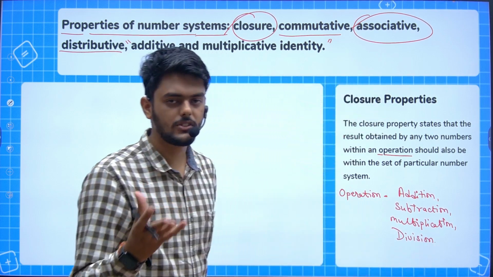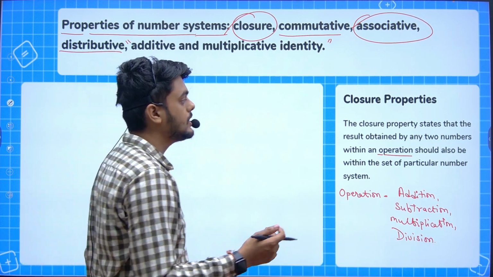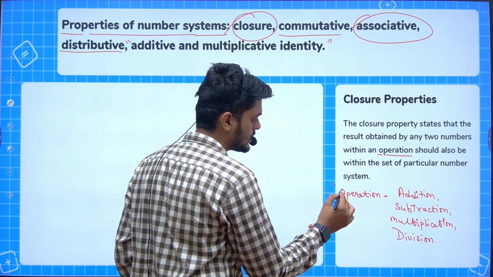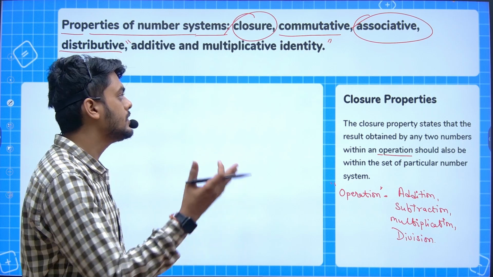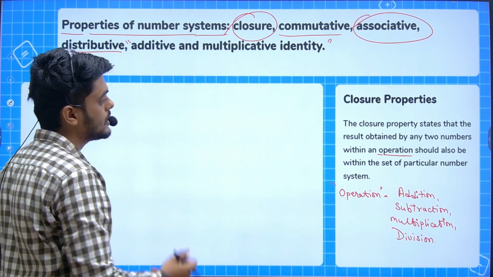For some specific properties, these operations are defined. Meanwhile, if we are discussing some properties, we need to look at all of these operations and we'll see which number system follows which of the properties.